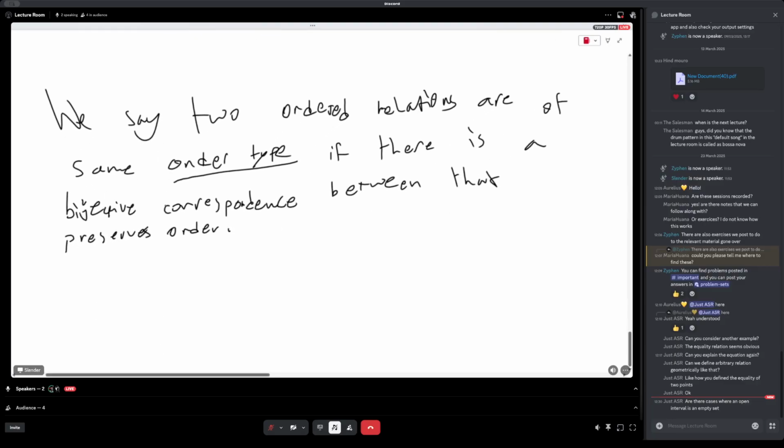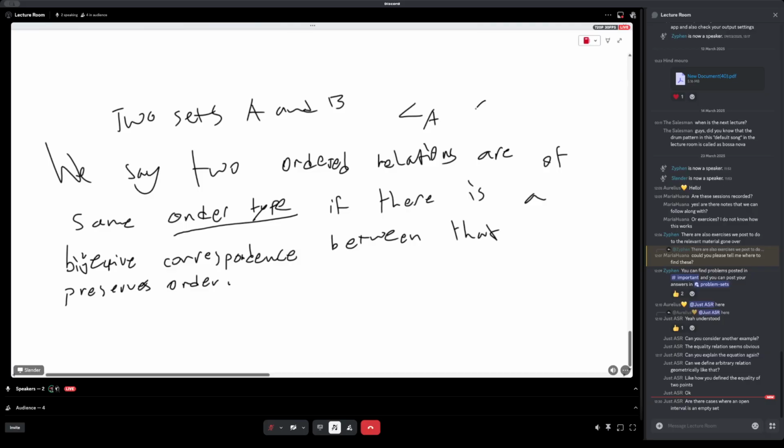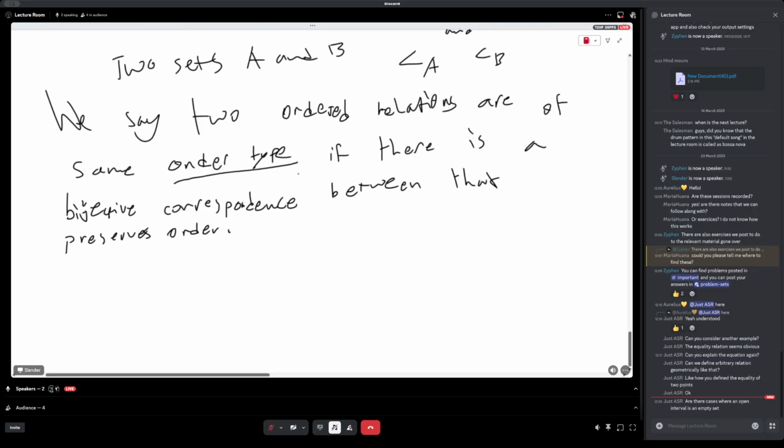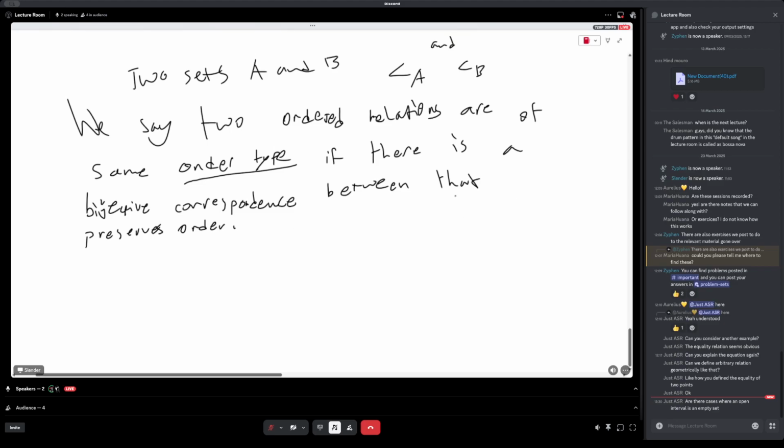So basically, if you have two sets A and B with two ordered relations, let's say this symbol on A and this one on B, these are said to be of the same order type if there is a bijective correspondence between them that preserves order.